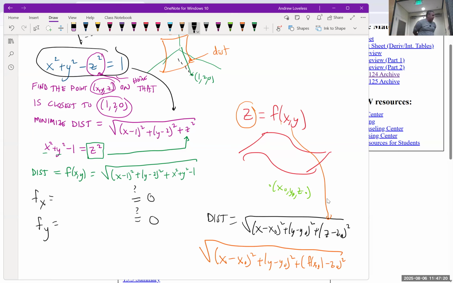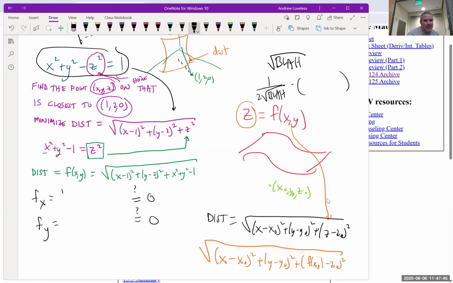The textbook and pretty much anybody who does this, if you search online, they always square it because the square root is an increasing function. I often say that's not essential to the problem. You can definitely do that. But the derivative of a square root is 1 over 2 times the square root times the derivative of the inside.